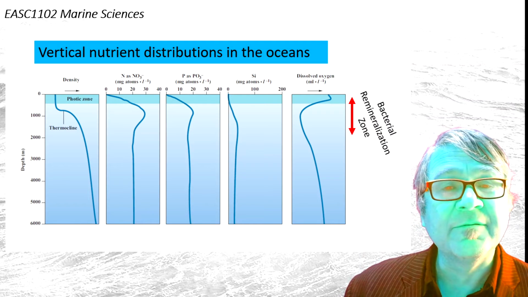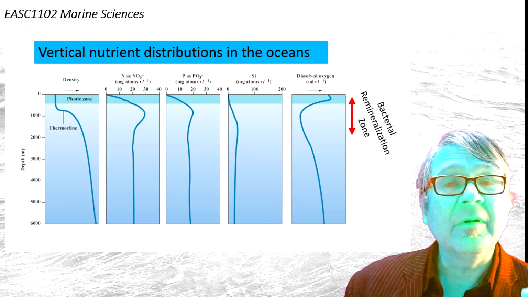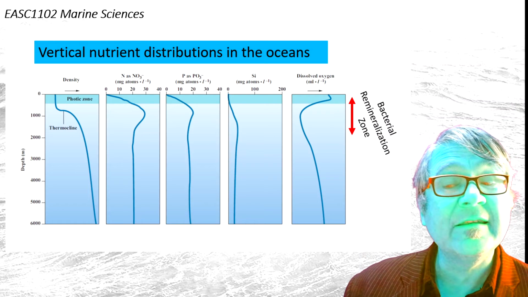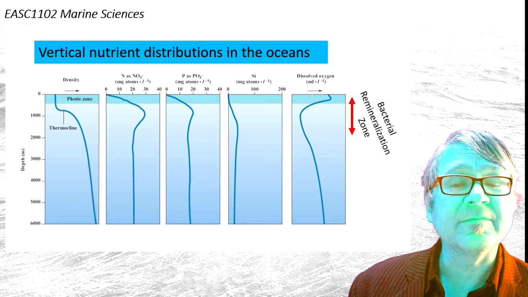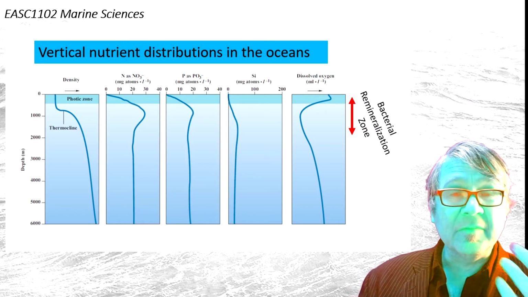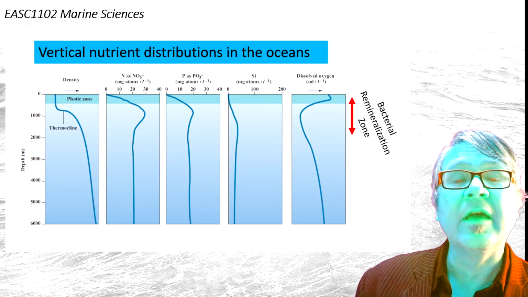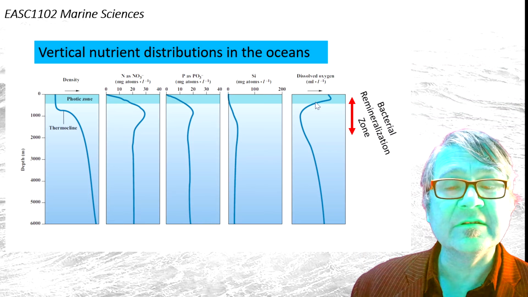The detritus falls as marine snow, and bacteria bring it back into solution. That takes place within the upper 1,000 to 2,000 meters. What it means is that the bacteria use up oxygen, and this is what creates an oxygen minimum zone that you can see here on the right-hand side.